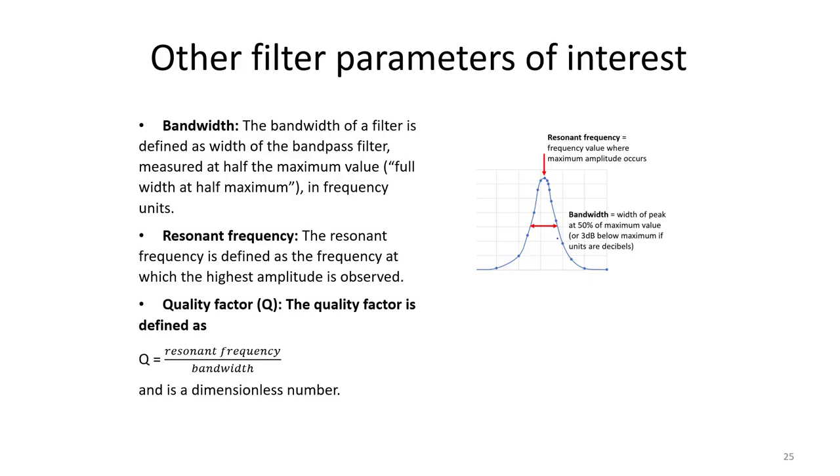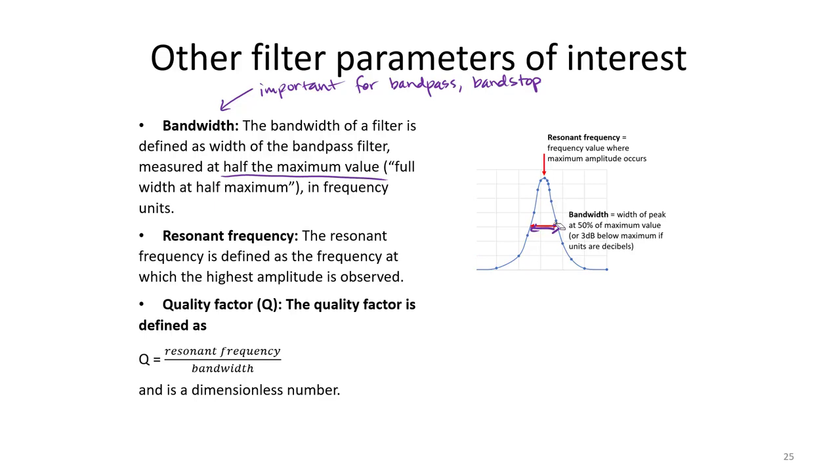Here's a few more important filter parameters. First one is bandwidth. Bandwidth is important for bandpass and bandstop filters. And in a bandpass or bandstop filter, the bandwidth tells us basically the width of that filter's peak at half the maximum.